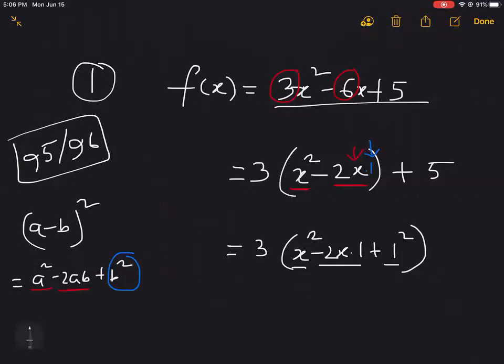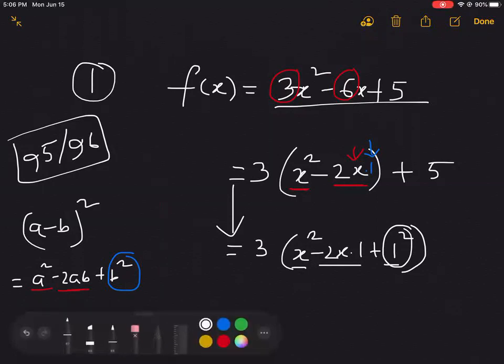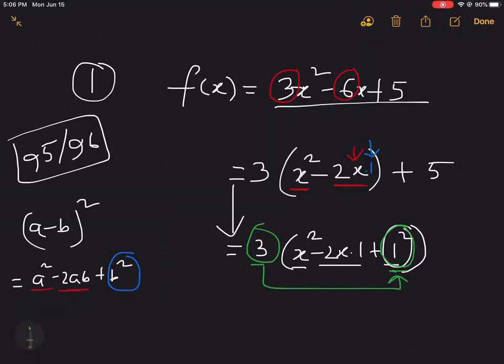But I can't just add anything like this because I'm writing this equal sign, so the entire value has to remain the same. So the thing I'm adding, I need to subtract as well. So I'm actually adding a 3. Can you see that? Because I have a 3 factored out here, I'm adding a plus 1 here. So overall, I'm actually adding a 3.